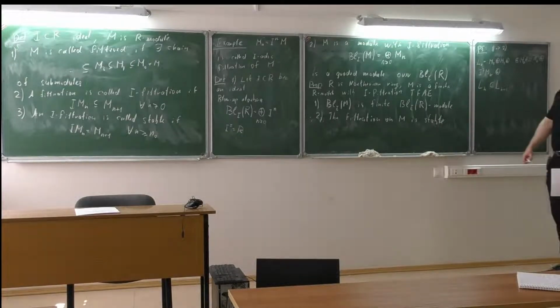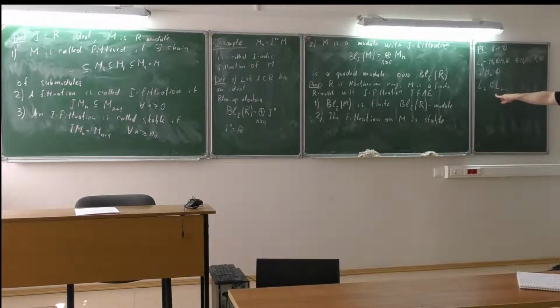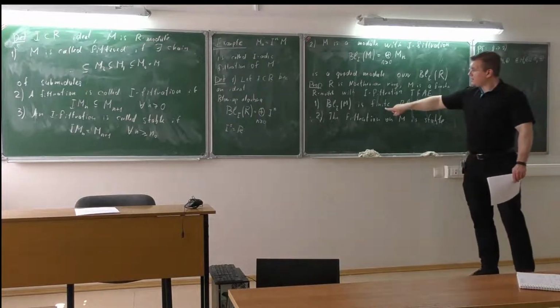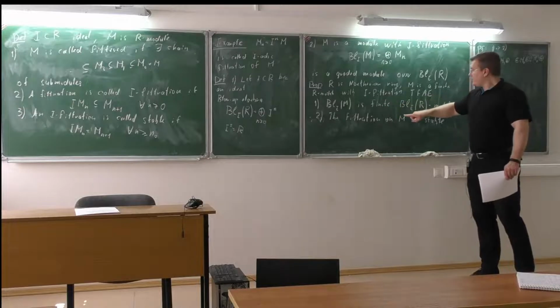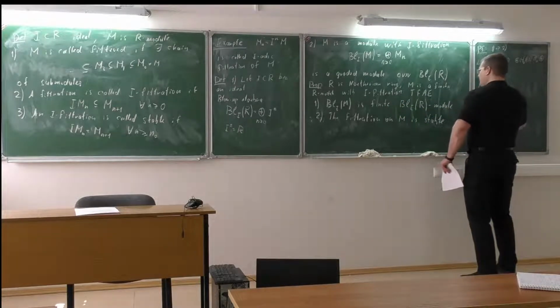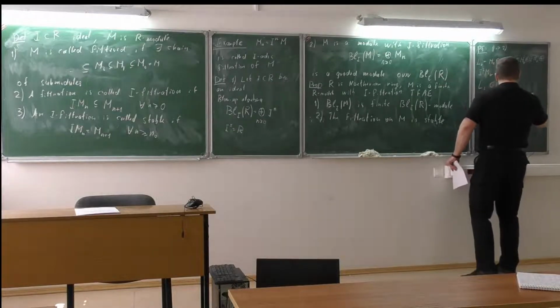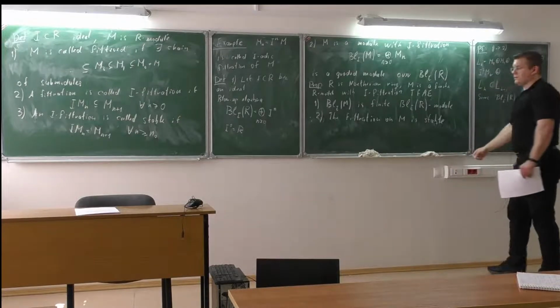So what we know, I want to say that there is a stabilization of this chain of submodules. How can I say this? Well, I know that the module is finite, right? I need to understand that now, since the blow-up Bl_I(R) is Noetherian.